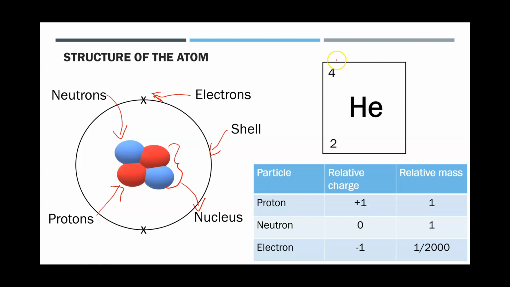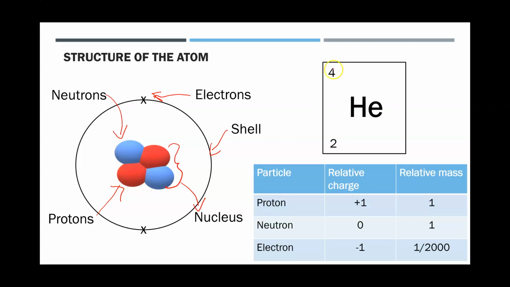Okay, and what this number represents is the mass number. So we've got atomic number at the bottom, mass number at the top. And this mass number here is the number of protons and neutrons together. So ultimately, what is in the nucleus here? Look, there are 4 subatomic particles in the nucleus. We've got 2 protons, 2 neutrons.